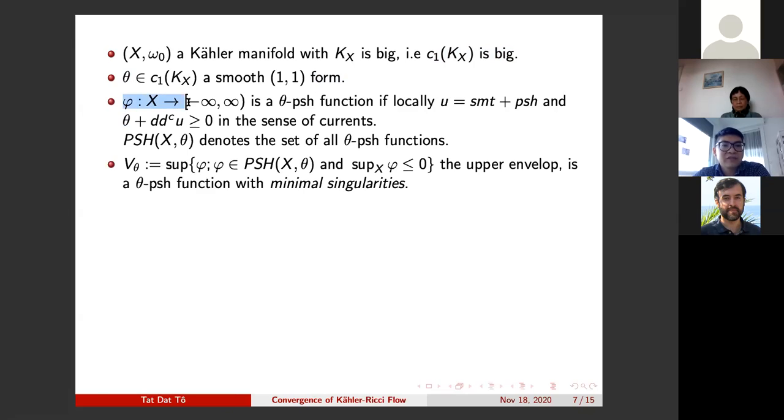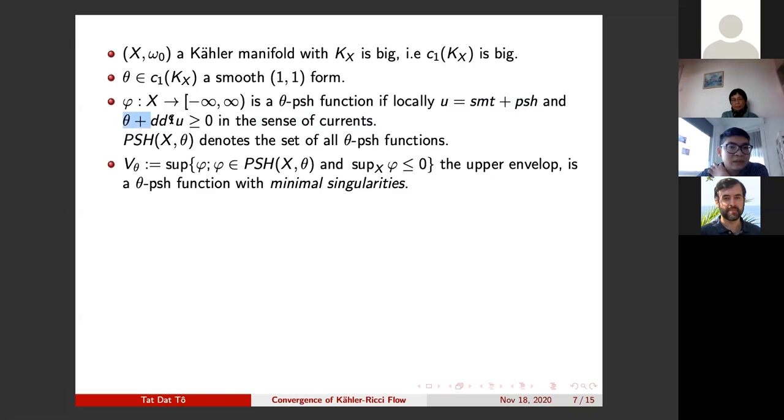And then for theta here, we can define the theta-plurisubharmonic functions. I mean, PSH is short for plurisubharmonic functions. So phi is a theta-PSH function if locally phi can be written as a sum of a smooth function plus a plurisubharmonic function, and satisfies this positivity condition in the weak sense of currents.